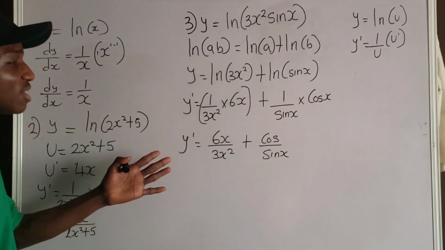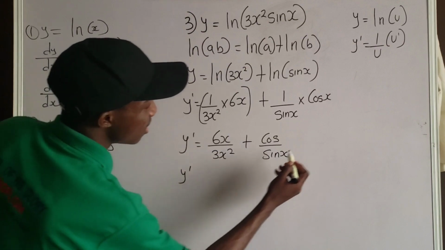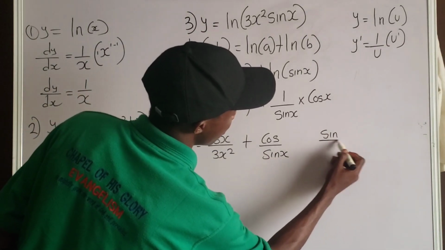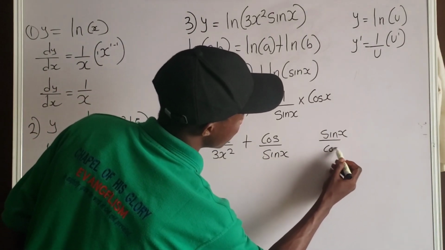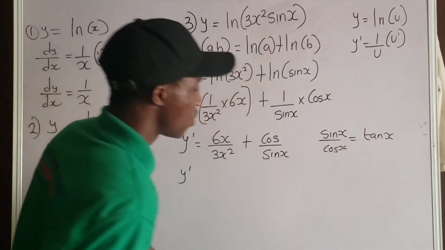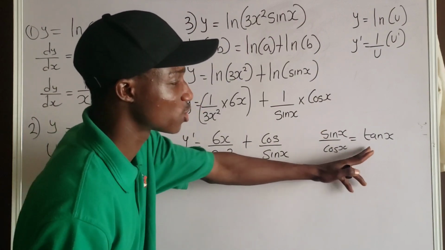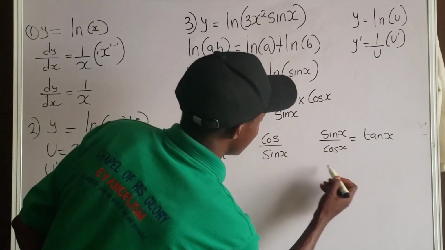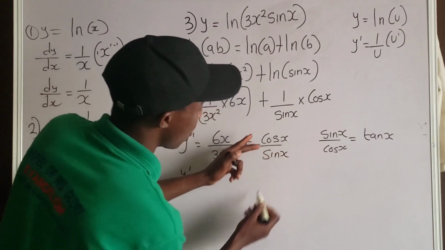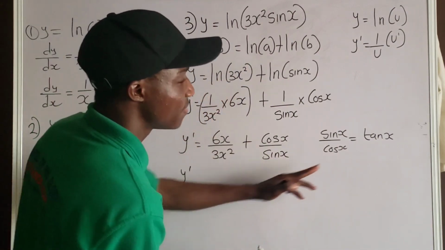Now you can still proceed to reduce this. Don't forget that sine x over cos x is equal to tan x. You understand? So I go on from basic trigonometry. Sine x over cos x is equal to tan x. However, this is cos x over sine x, so this is the inverse. Cos x over sine x is the inverse of tan x.